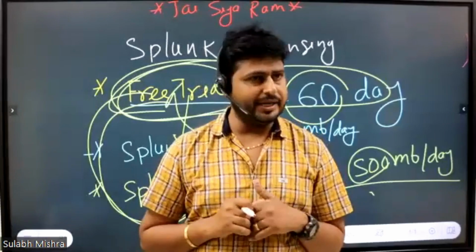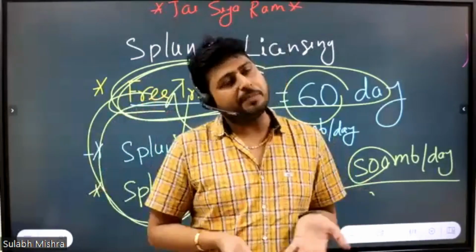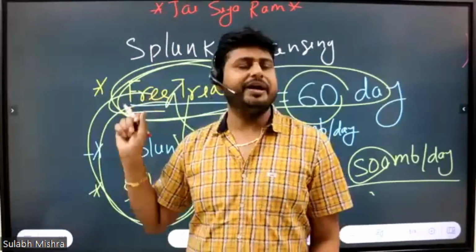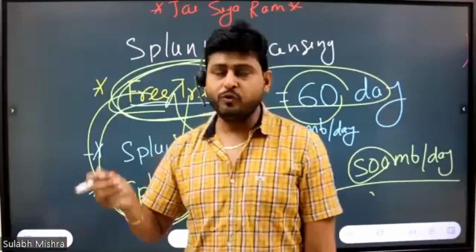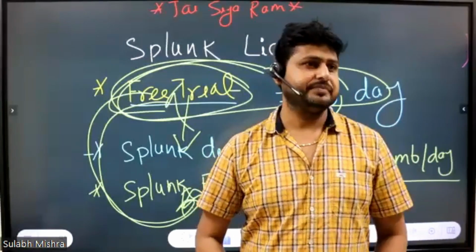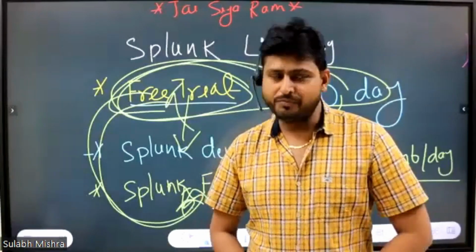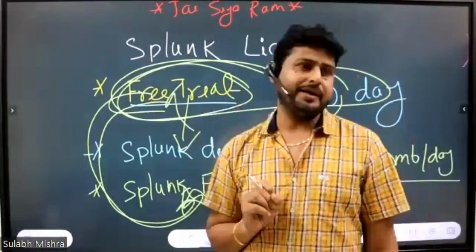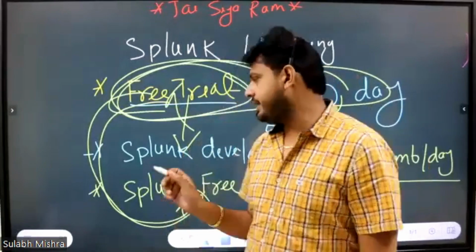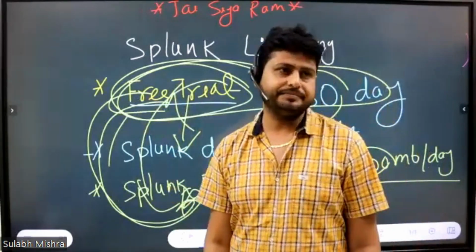Even if I have the license, when I download, I can install directly without applying it, because it comes by default with the free trial. Then I have to go into licensing and apply my enterprise license. Anytime you apply an enterprise license from the free trial, you cannot go back to the trial license. And anytime you move to the free license, you cannot move back to the free trial.